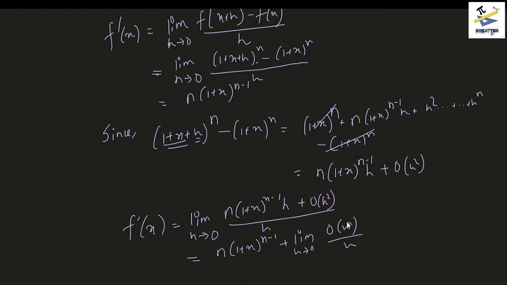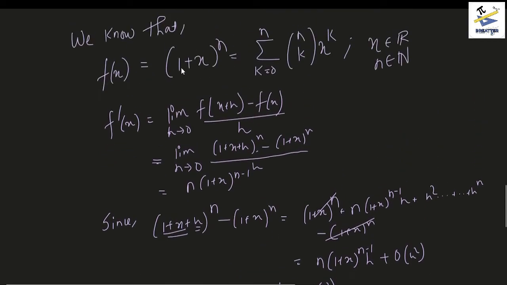But this term is 0 because the numerator has terms of h square and above, which will cancel with h to give you terms of minimum power 1, but h tends to 0, so 0 into everything is 0. So this will give you n into 1 plus x whole to the power n minus 1. So this is a fairly simple way to calculate a derivative.